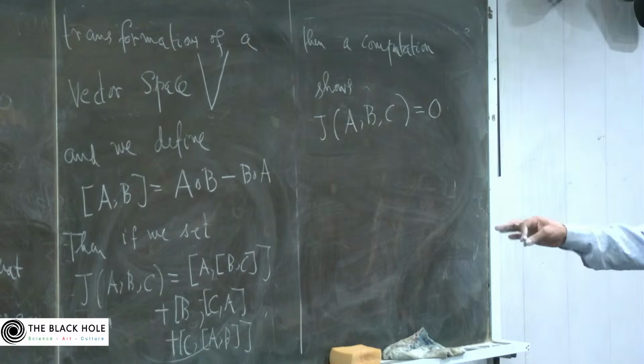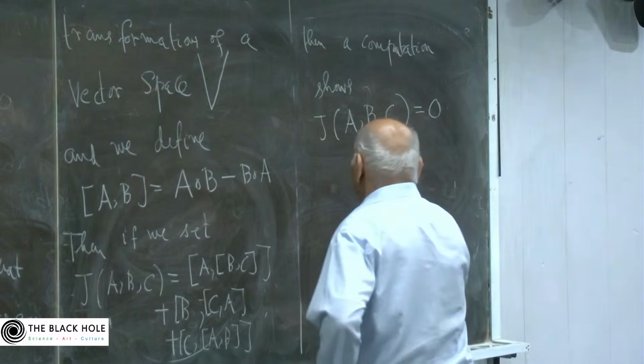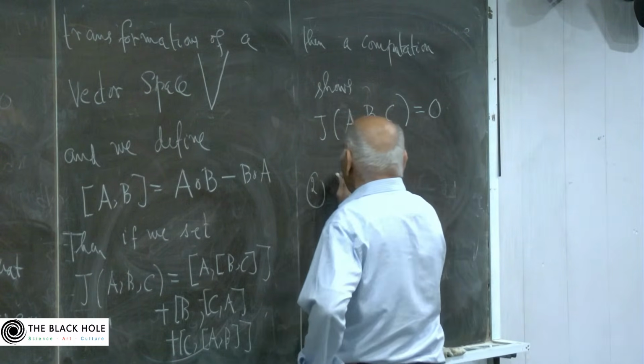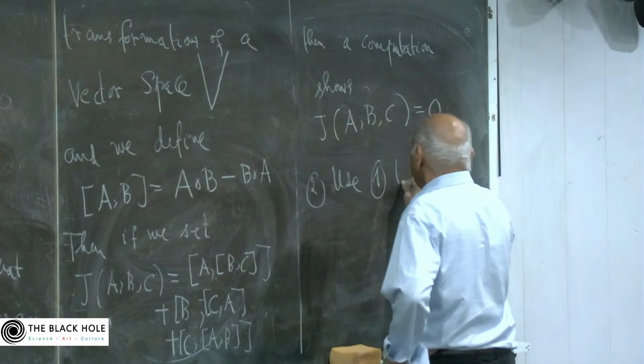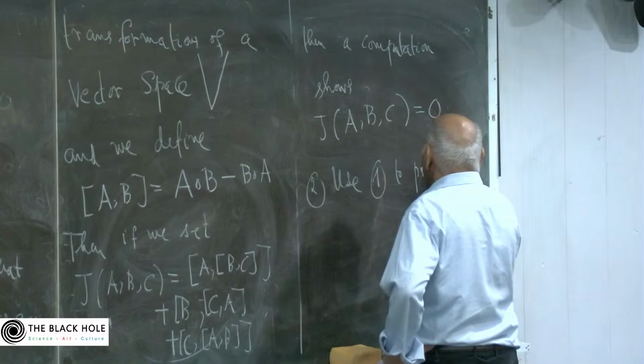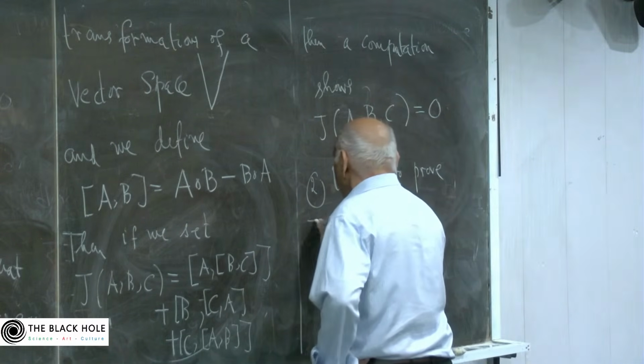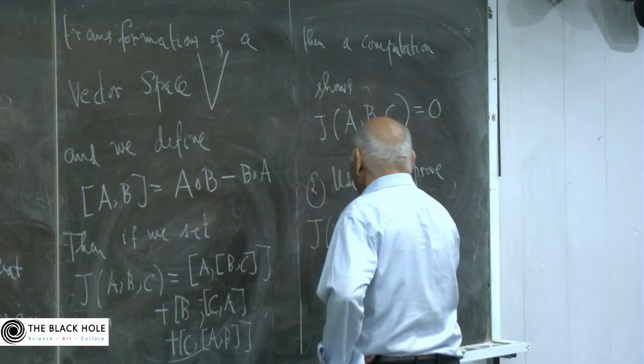Okay. So we want to use this fact now. This was step 1, and step 2 is to use 1 to prove J of X, Y, Z is equal to 0.